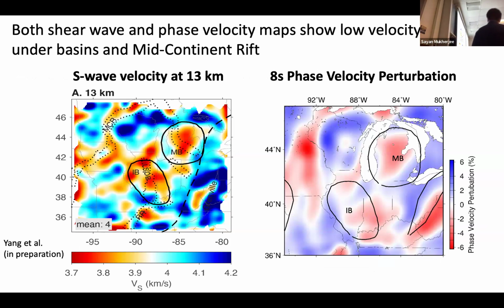And we can see both show low velocity perturbations in the Illinois Basin and Michigan Basin, as well as under the mid-continental rift. And we can see similar high velocity perturbations at these regions and near the Ozark domes. So again, it validates our results.